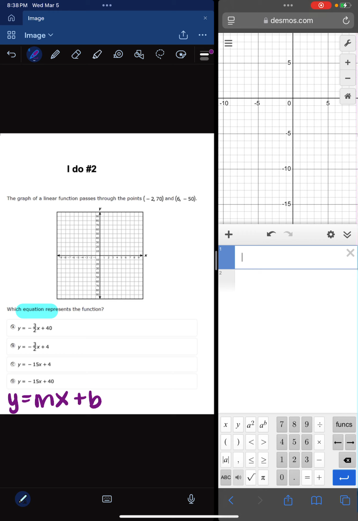So we know we need our slope and we need our y-intercept. This graph is empty, but we don't really need it to have anything on there because they give us our 2 coordinates. So what we're going to do is create a table using those 2 coordinates.